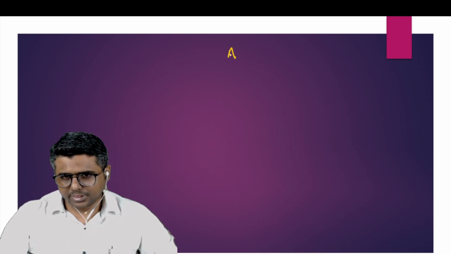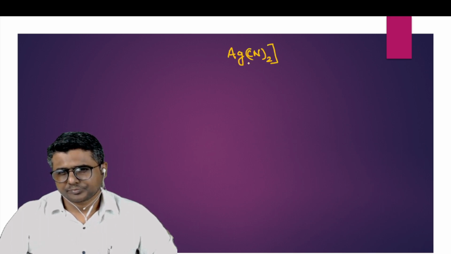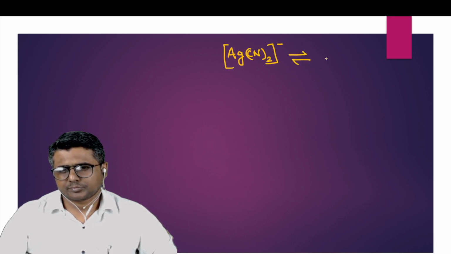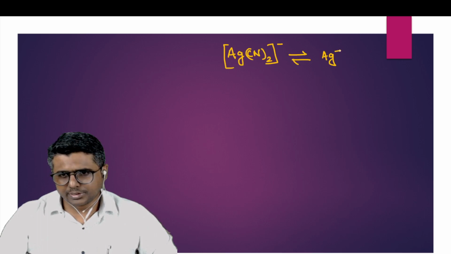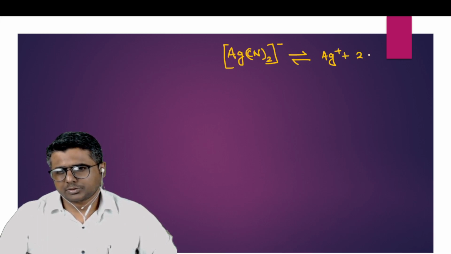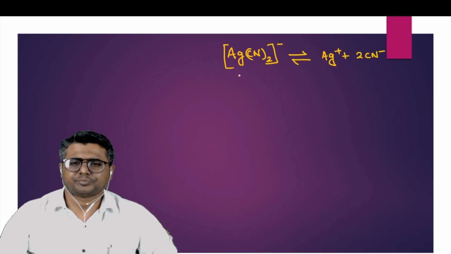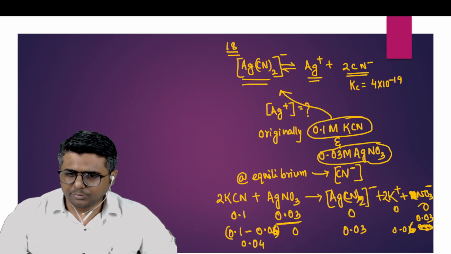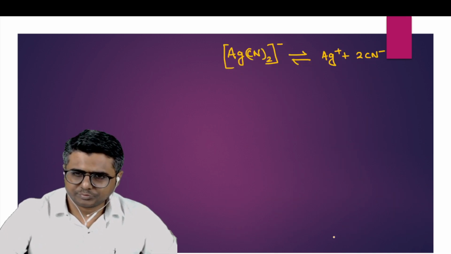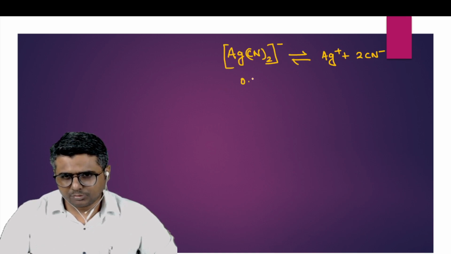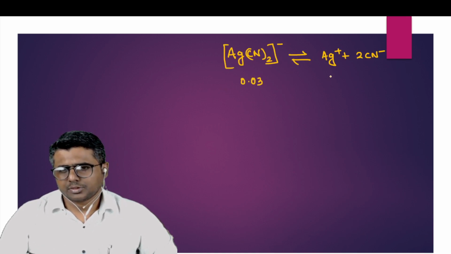Now after this, AgCN2 breaks to form Ag plus and 2CN minus. AgCN2 formed was 0.03 moles. This is not known.